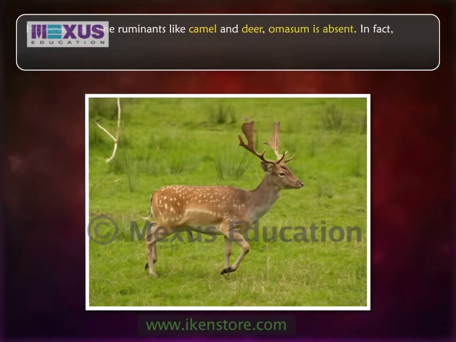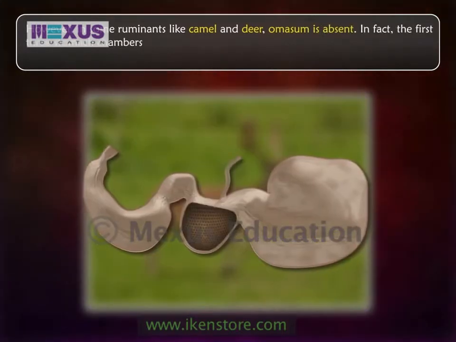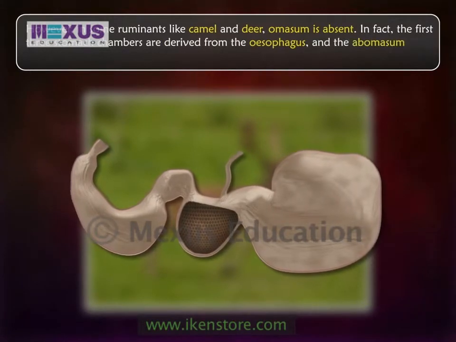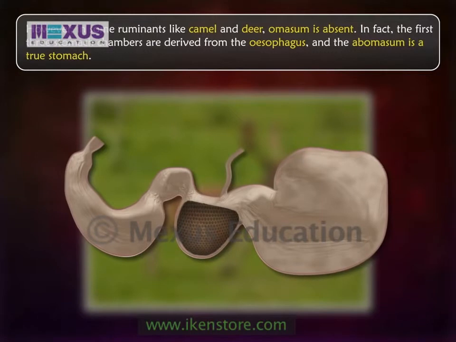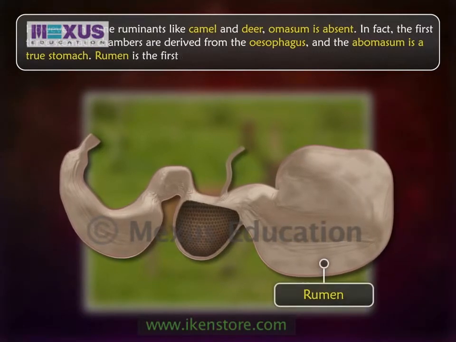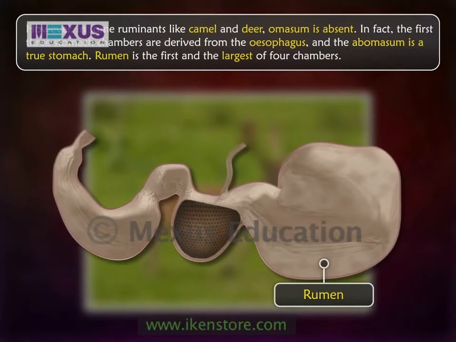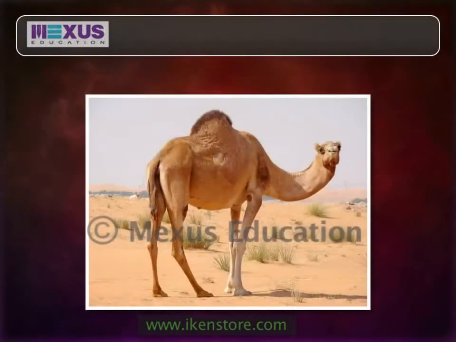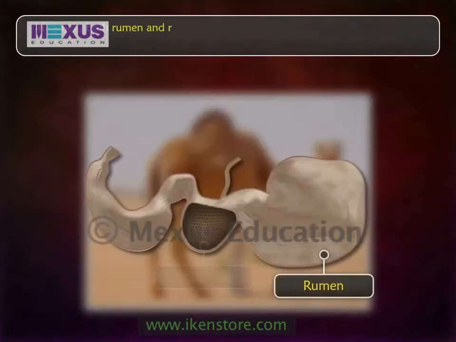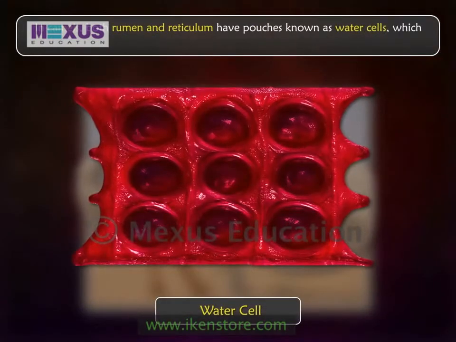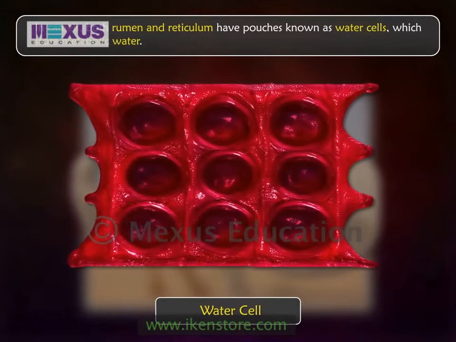In fact, the first 3 stomach chambers are derived from the esophagus, and the abomasum is a true stomach. Rumen is the first and the largest of the 4 chambers. In camels, both rumen and reticulum have pouches known as water cells which store metabolic water.